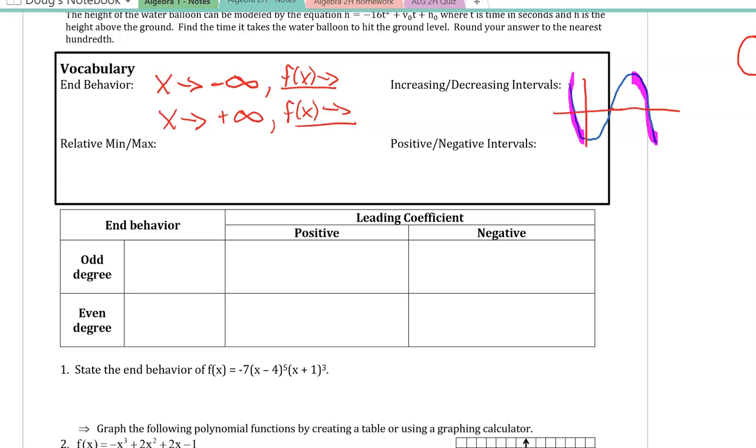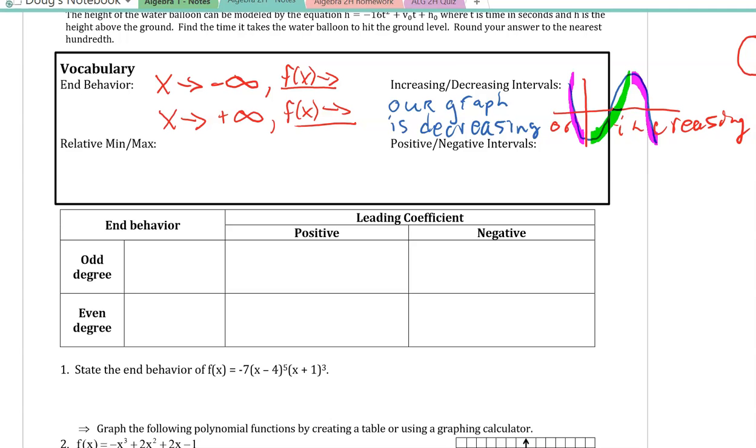So a decreasing interval is when our graph is decreasing over some span of the domain, the x values, or our slope is negative. Increasing intervals are where our graph is increasing. In my example, that's in the green.